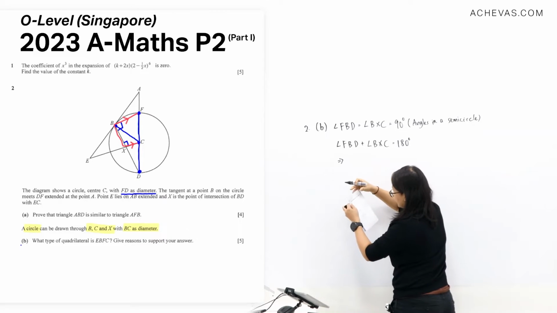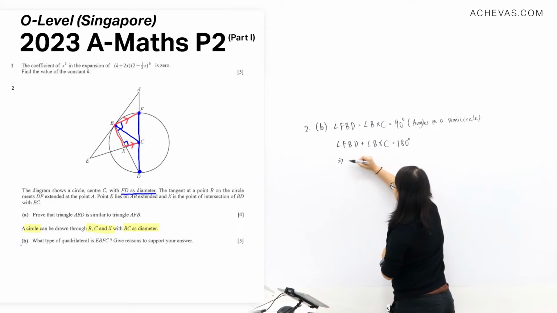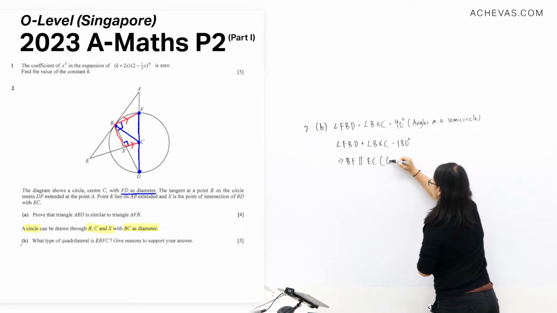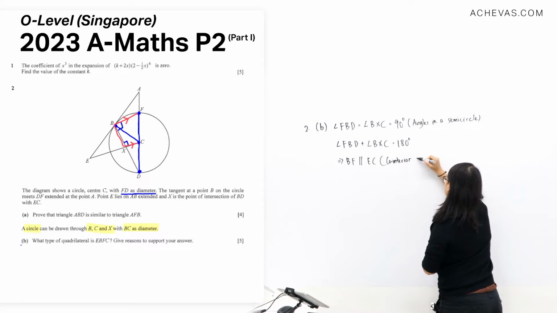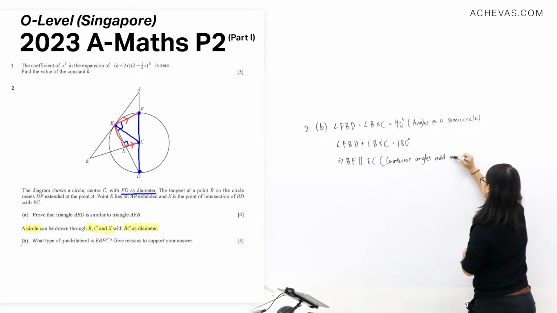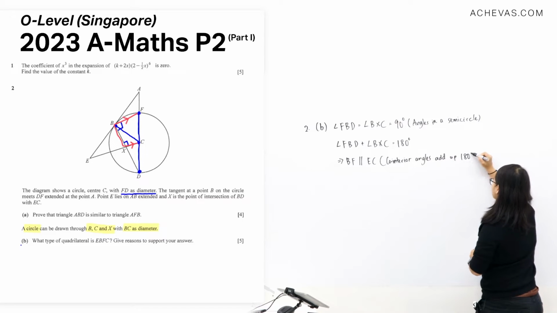This implies that the line BF is parallel to the line EC because co-interior angles add up to 180 degrees.